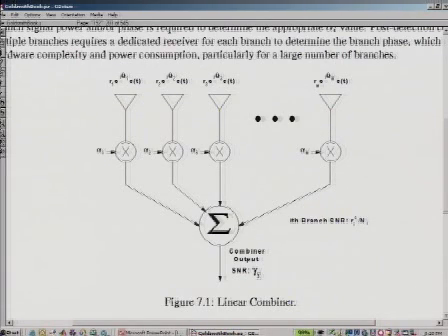So each branch, each antenna, is multiplied by a coefficient alpha, which is complex, so it has phase and magnitude also. And then we just add up these weighted copies, and that's the output of the combiner, and that's what we use to make our decisions. So that's what we use to do the modulation and the decoding and all that, right?